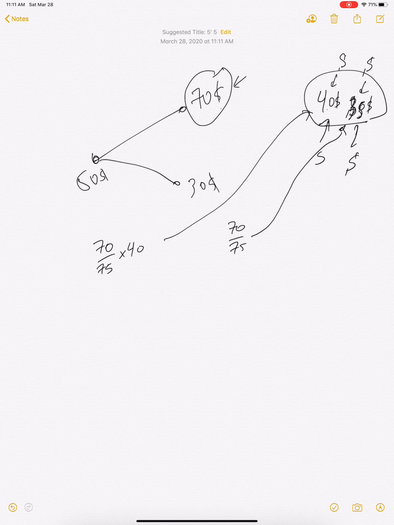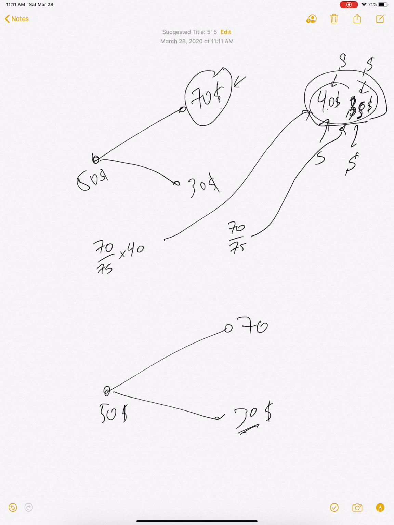Now consider something like that: you have $50 here, then you have $70, but now we are going to look at the bad state of the world. So here $30 will have to be distributed proportionally between these 40 and 35.